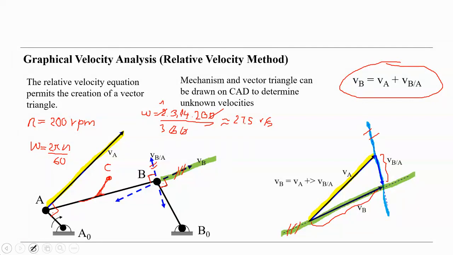So that means we can calculate the angular velocity omega. If you know the angular velocity of the crank, we can also calculate the linear velocity VA. VA is equal to A0A times omega, you know that.